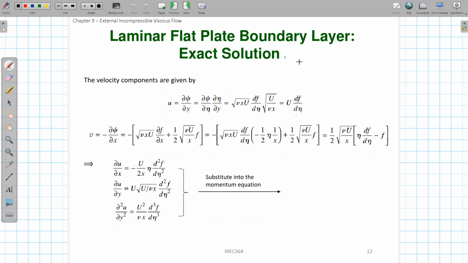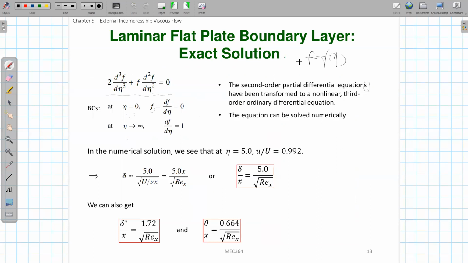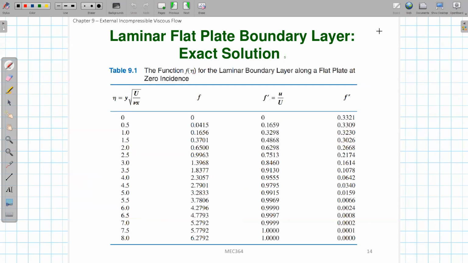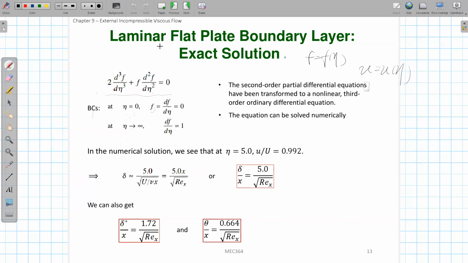You can calculate this U velocity as a function of eta, and substitute this eta with the definition here. You can calculate U as a function of both x and y. So you get the U velocity profile.